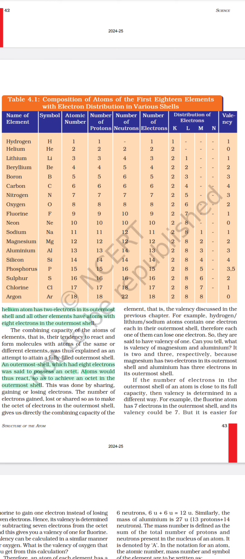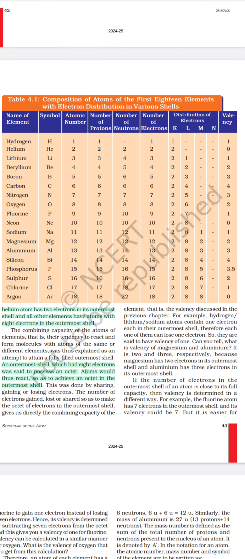Hydrogen, H, atomic number 1, number of protons 1, number of neutrons 0, number of electrons 1, distribution of electrons K 1, L no, M no, N no, valency is 1.